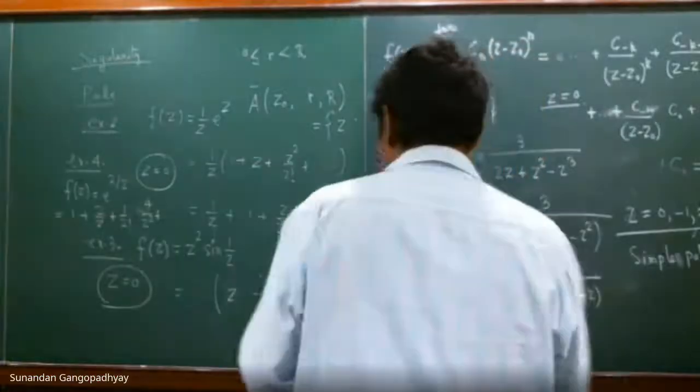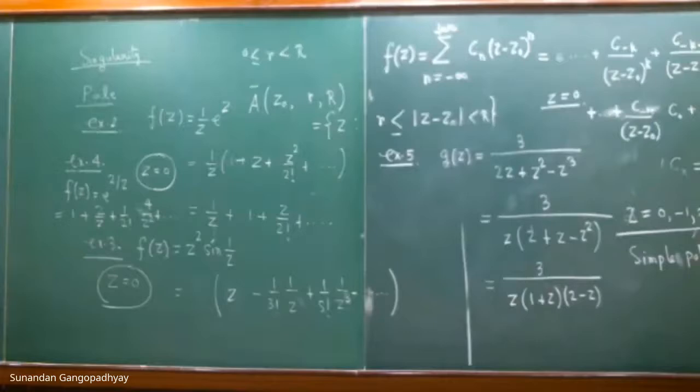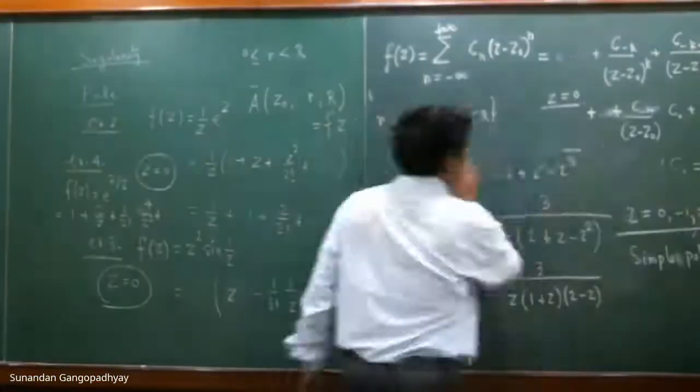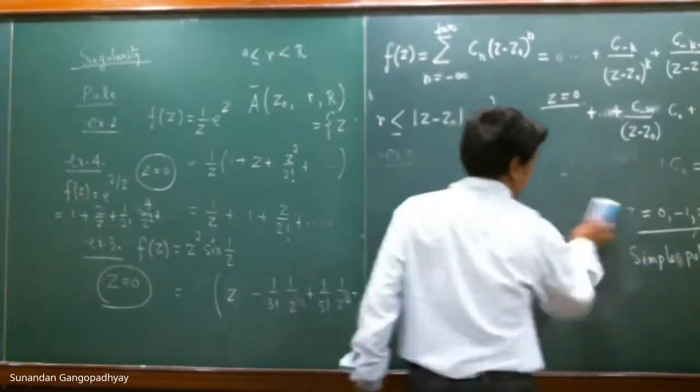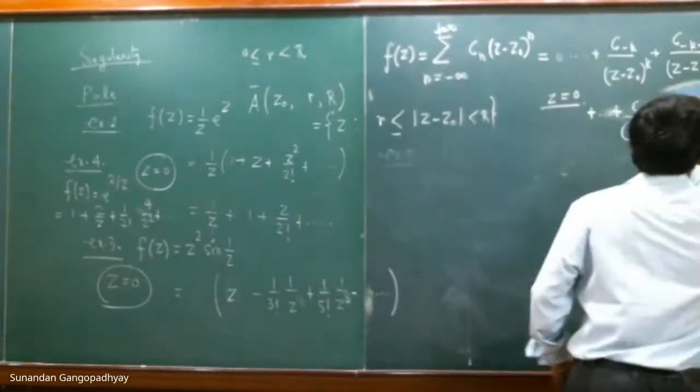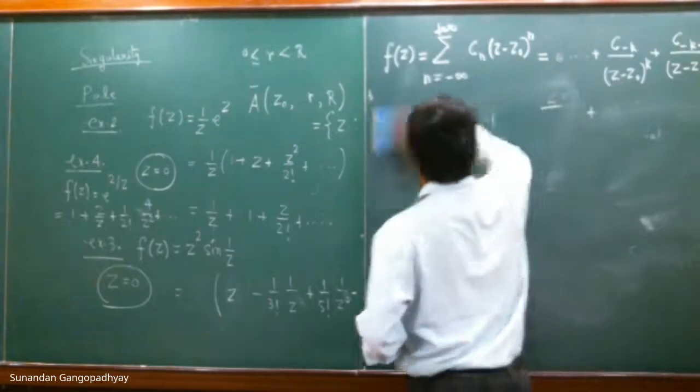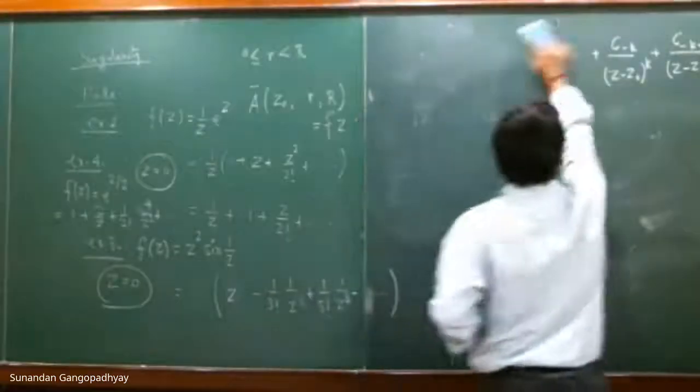Yes. Good. So now I will introduce another concept today. This is also very simple, it's not difficult. And that is the concept of a residue of a complex function.